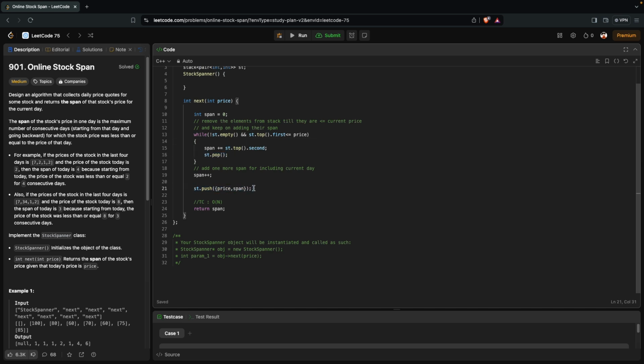So at max, each element will be pushed and popped from the stack, or we can say each element of the stock values will be processed 2 times or touched 2 times. So we can say that the complexity will be big O of 2n, but since we do not consider constants in complexity, the complexity will be simply big O of n.